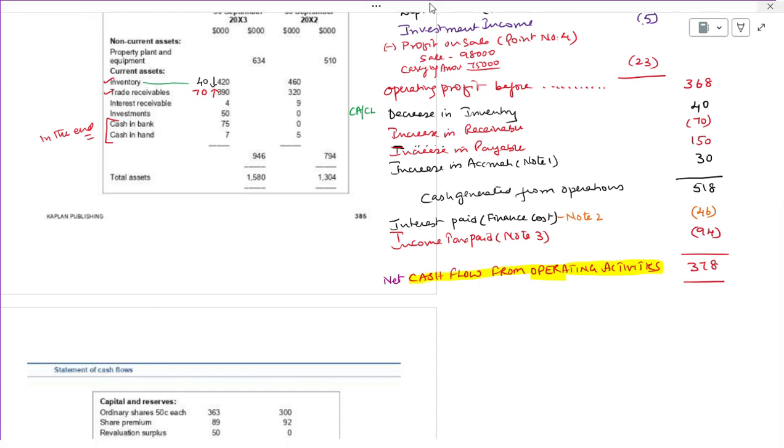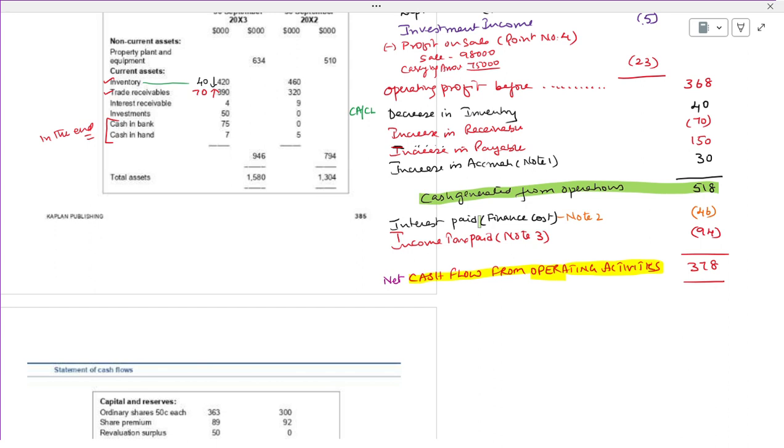It is a good sign that you are getting cash generated from operating activities of 518. Cash flow from operating activities is 378. Means the business is doing exceptionally well. From the operating activities, they are generating revenue for the company. Are you clear about this?